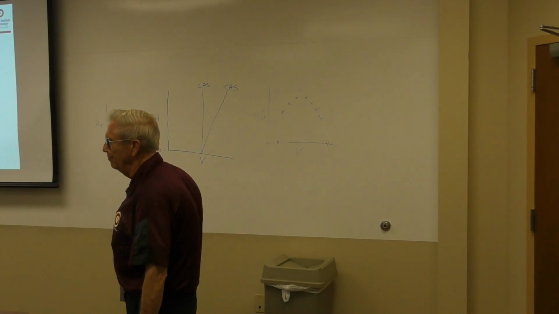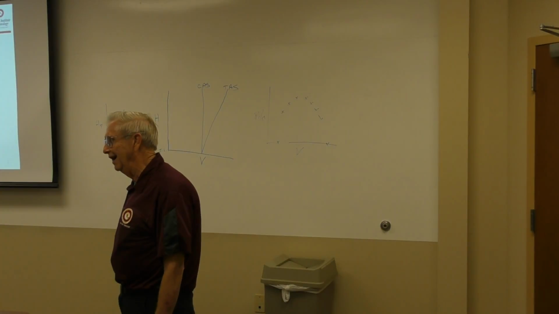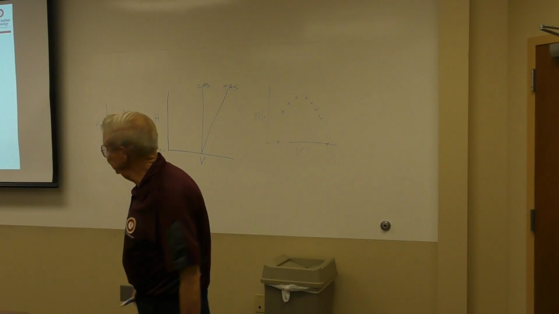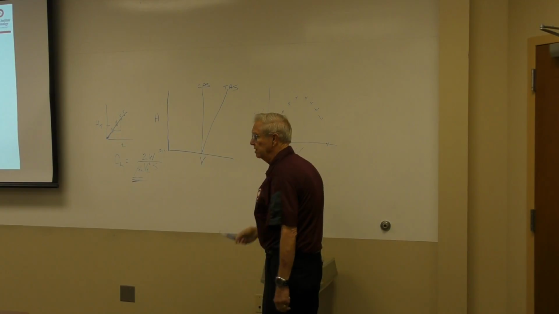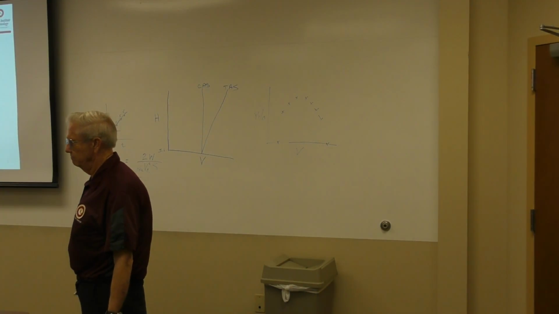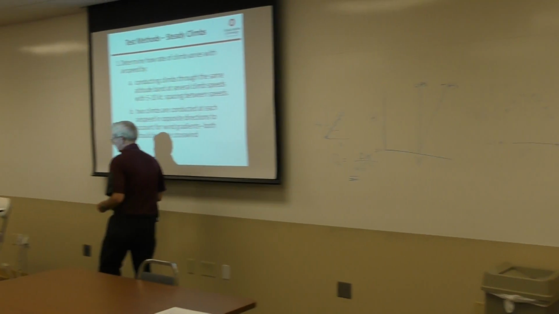What you can see from that is, it takes a hell of a long time to do climbs doing it this way, because you've got to do, say, every 5 knots apart. Finding the best rate of climb takes a long time. That's what we're talking about here in this first thing.